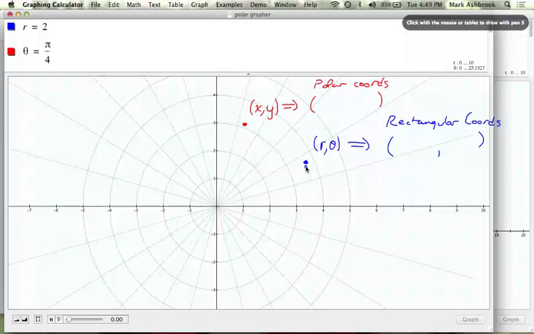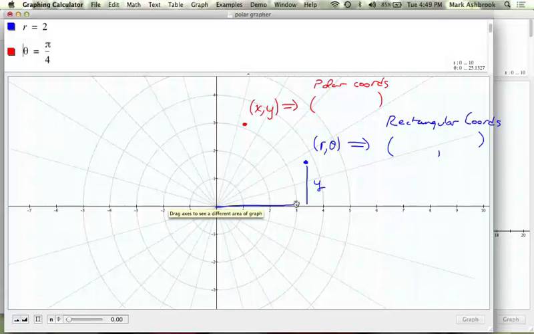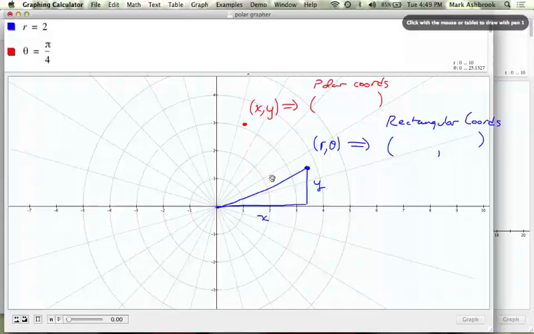I have numbers now, right? So the y-coordinate's going to be this, and the x-coordinate's going to be this. And what's this distance right here? Okay, that's true, but we're given r and theta.